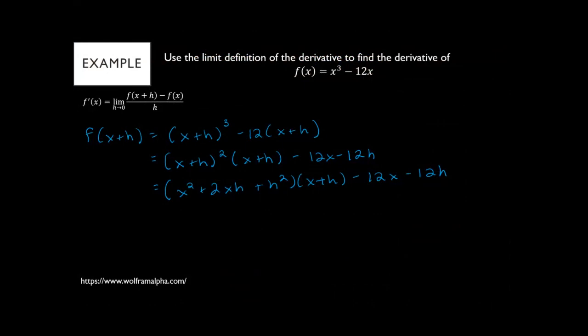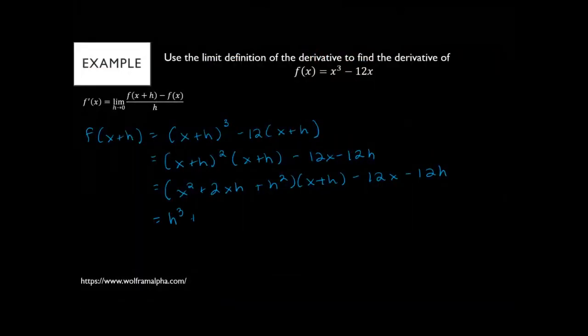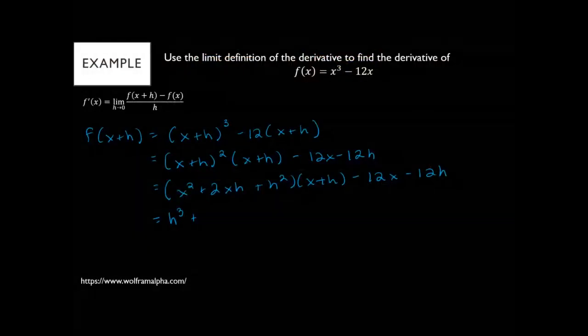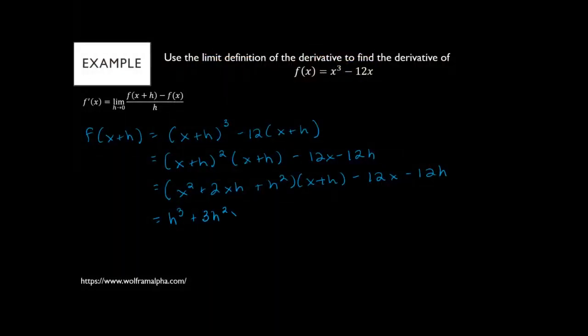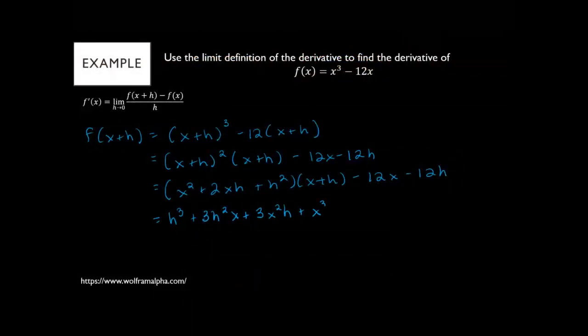So this whole cubic thing comes out to h cubed plus 3h squared x plus 3x squared h plus x cubed.